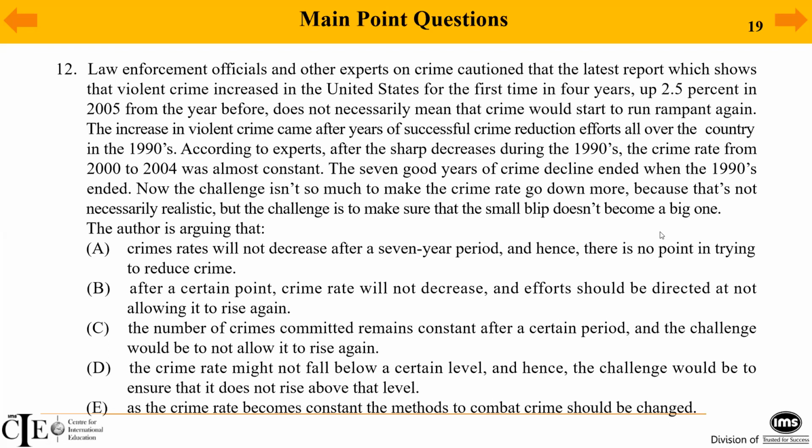Even if you cannot reduce it, which is unrealistic, these people are saying that we should not let it increase. That is the argument. So very balanced. So you need to check the right answer now. So what is the argument about?